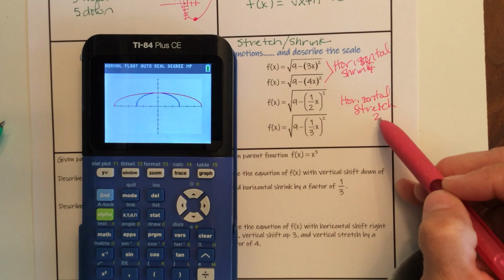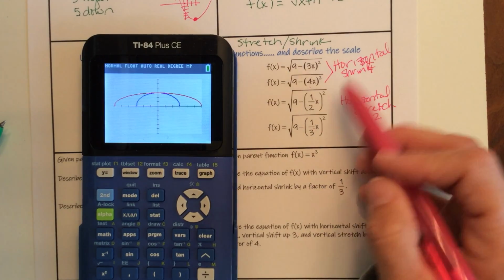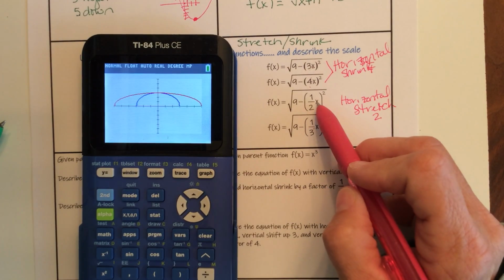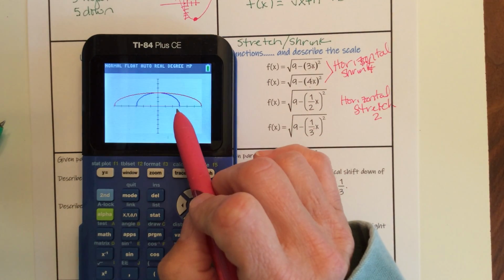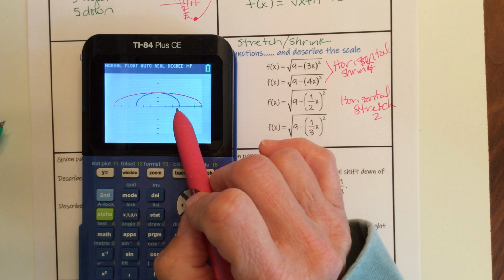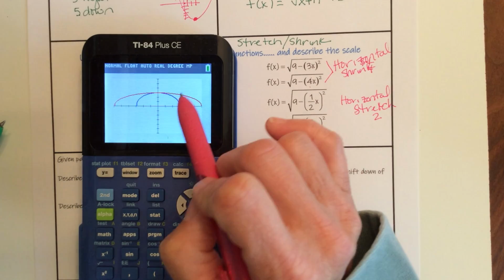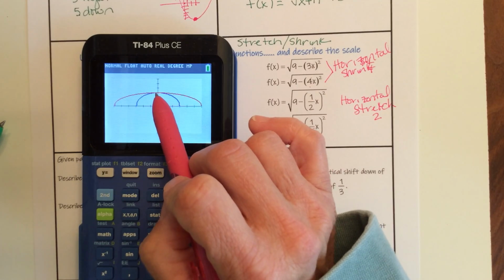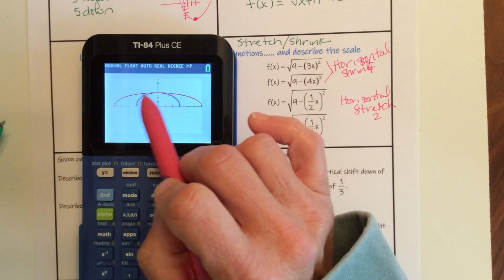All of the x values are doubled what they were. So for example, this x value of 3, if you multiply that x value of 3, you get 6.